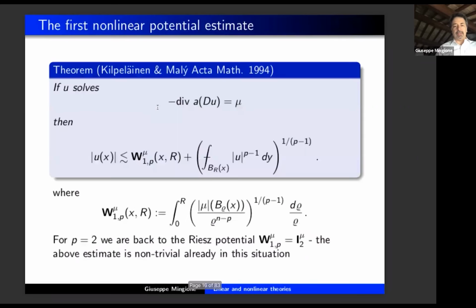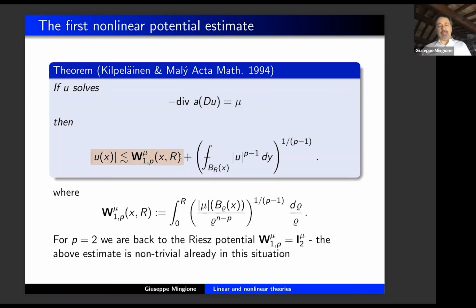What is this estimate? This is an estimate on the solution. And in fact, the basis of Kilpeläinen and Malý's proof is the De Giorgi truncation iteration. The point is that if you want to get a gradient estimate, then the first step is always the same. You take this equation, you differentiate the equation, and then you start getting gradient estimates.